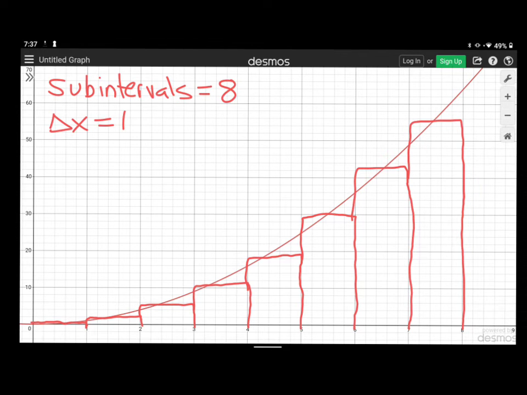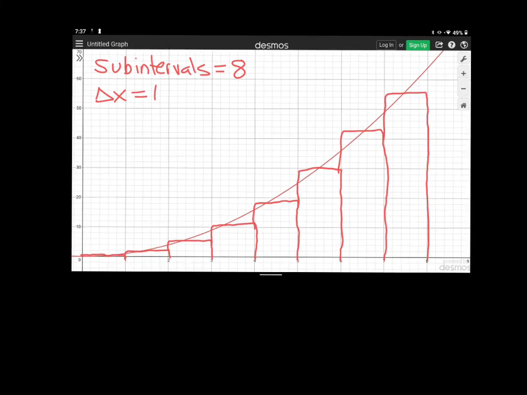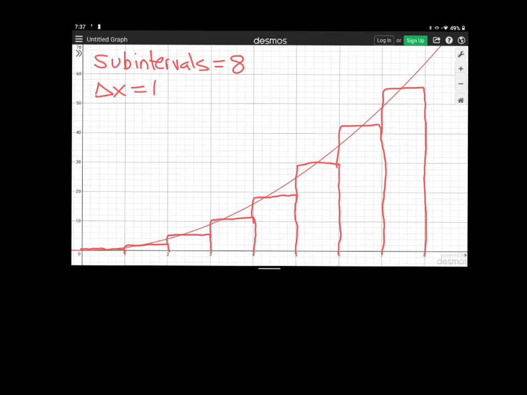But I think what you would see is that in fact, it's getting more accurate. And if we could keep shrinking these subintervals, or making more and more of them, making our change in x even smaller, we would become more and more accurate as we increase the subintervals. So let's take a look at what our area would be at this point if we had this many subintervals.